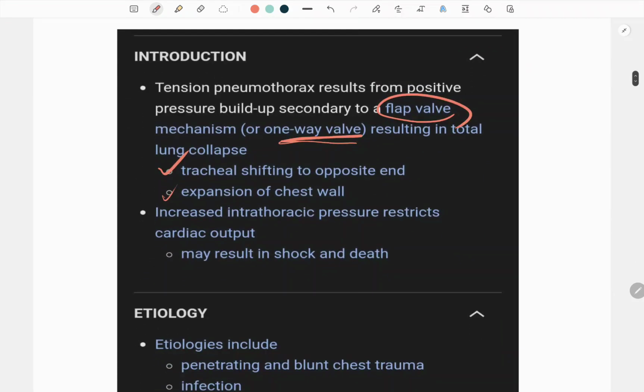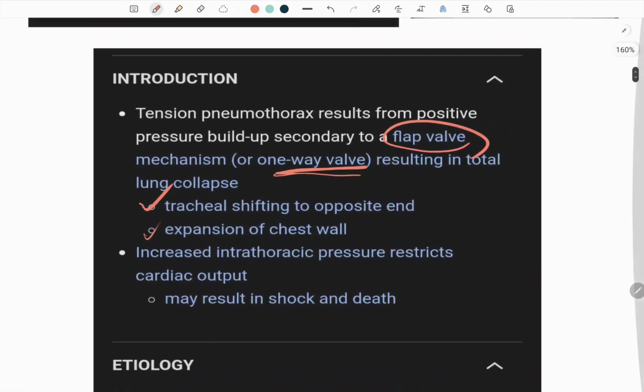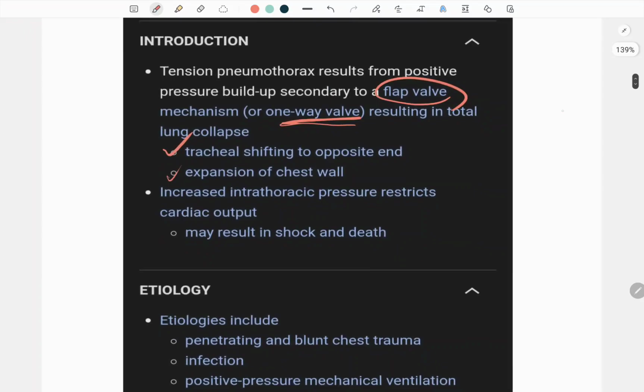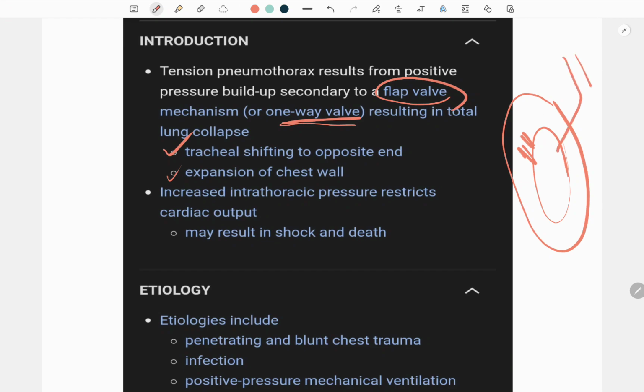And so what does this valve do? If this is the visceral pleura and this is the parietal pleura, there will be a flap valve here, in which when we take the air in, the air moves only in this direction. It only goes out into the pleural space, and it does not come back in.